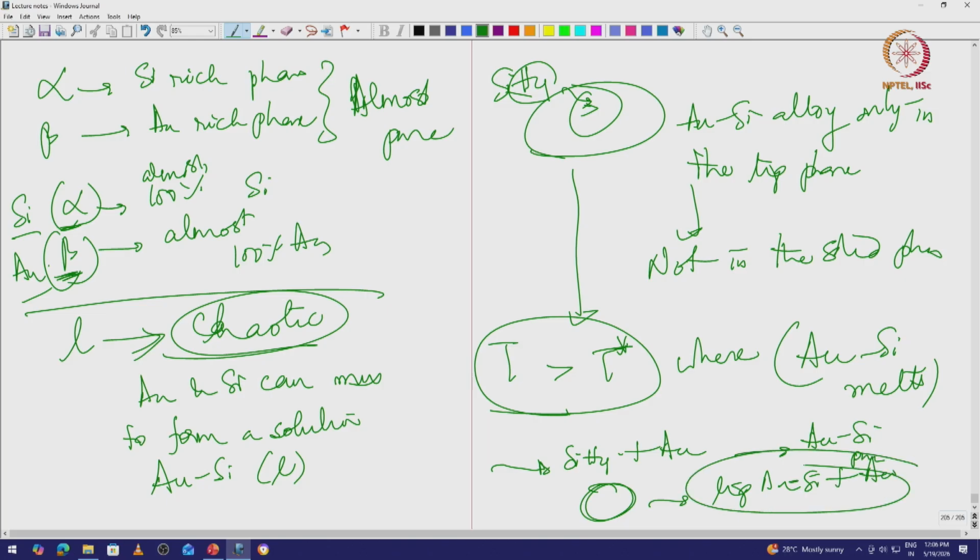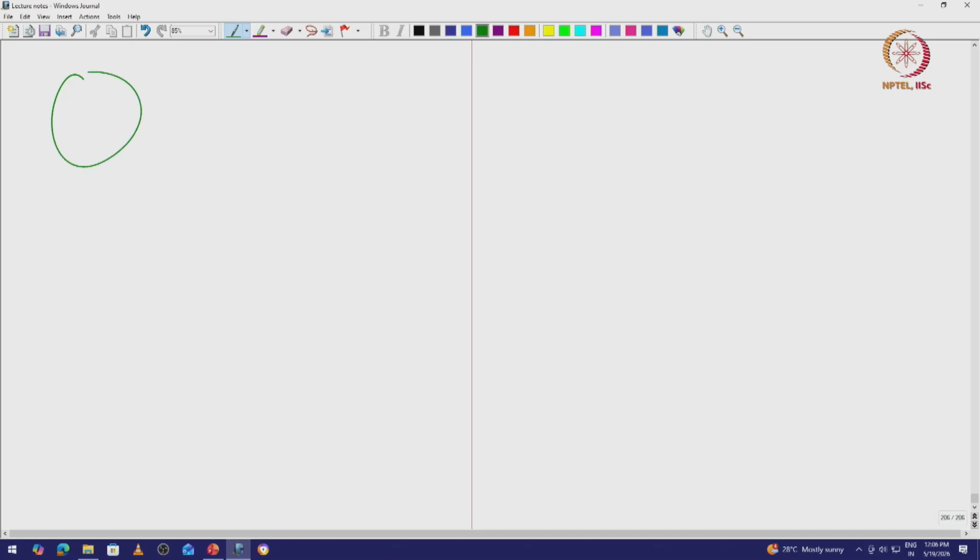So I will have a phase mixture in this particle. Part of it is just liquid, maybe the outer part is liquid, let us say gold silicon, and the inner part is pure solid gold, right.